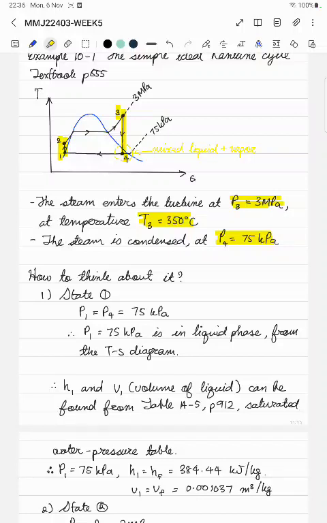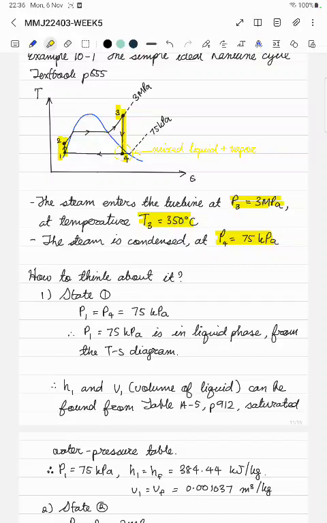State 1: we are given the pressure P4, which is 75 kilopascal, and that should also be the pressure for P1, because we are condensing the water to remove the heat, so the water again becomes liquid phase.